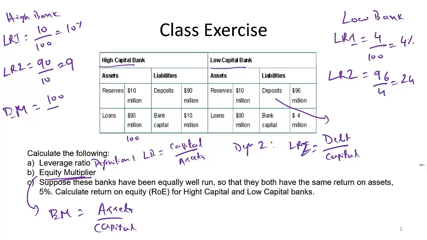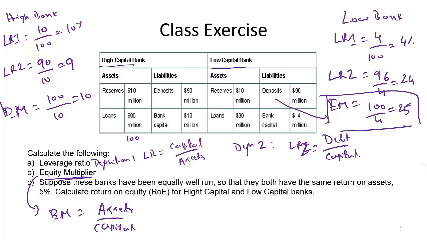Capital is 10. So it's an equity multiplier of 10. For the low capital bank, the equity multiplier is 100 over 4, which is 25. So the equity multiplier for the low capital bank is 25, and for the high capital bank it is 10.